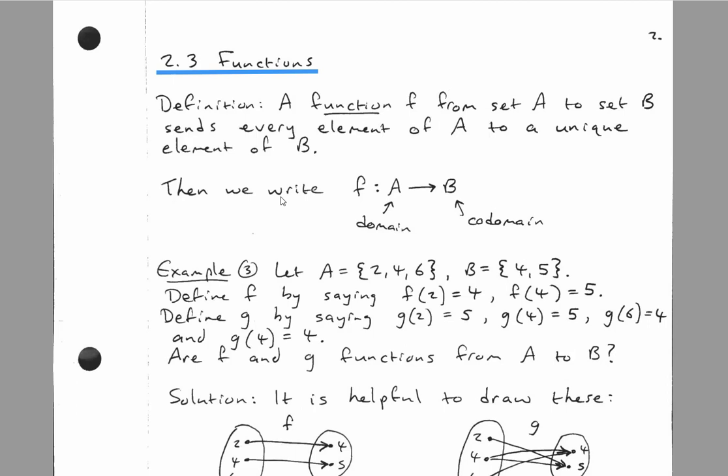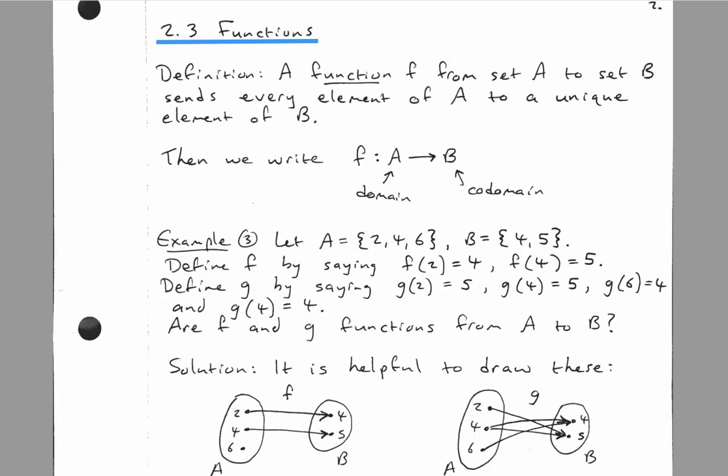Okay, next idea, very important, the idea of a function. So a function, it's a mapping from one set to another. Here's the definition. So a function f from set A to set B sends every element of A to a unique element of B. And we write that like this.